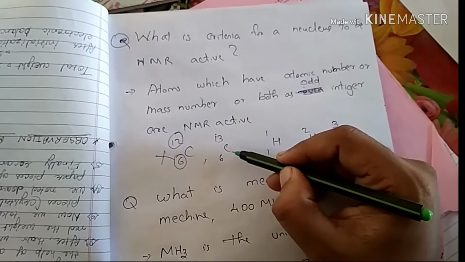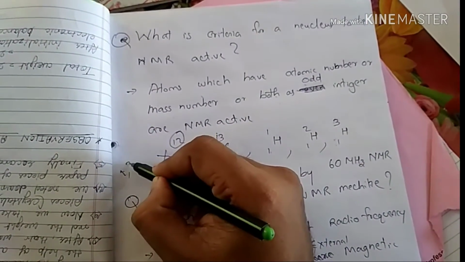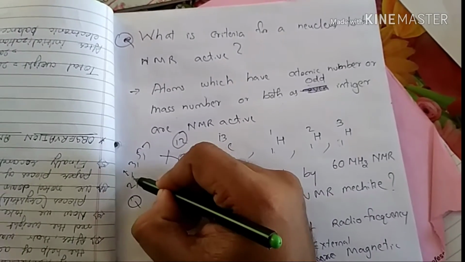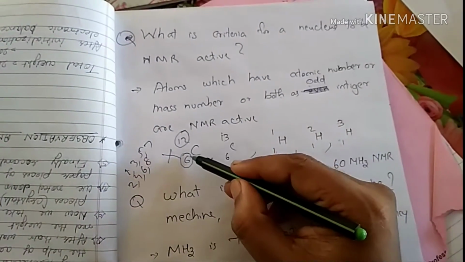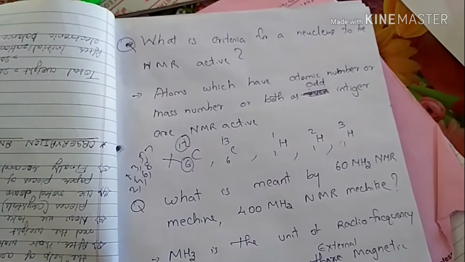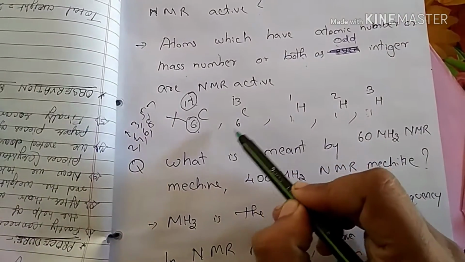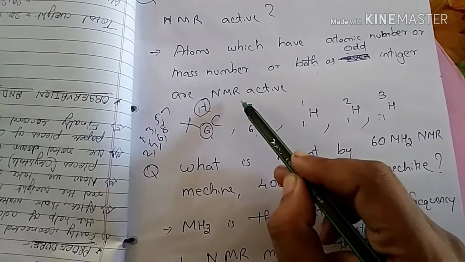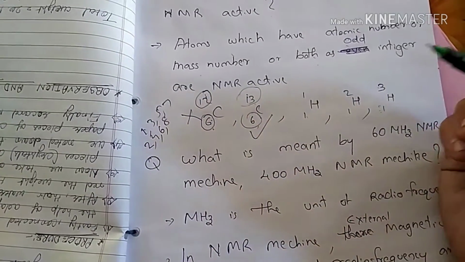Odd means 1, 3, 5, 7. Even means 2, 4, 6, 8. If you see these are even, so this is not NMR active. If you think about the second nucleus, carbon 13: this is an odd number, this is an even number, so this is NMR active.